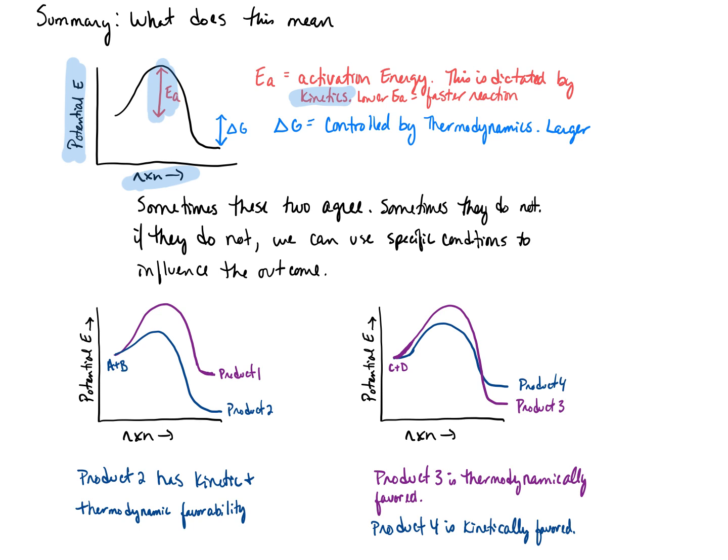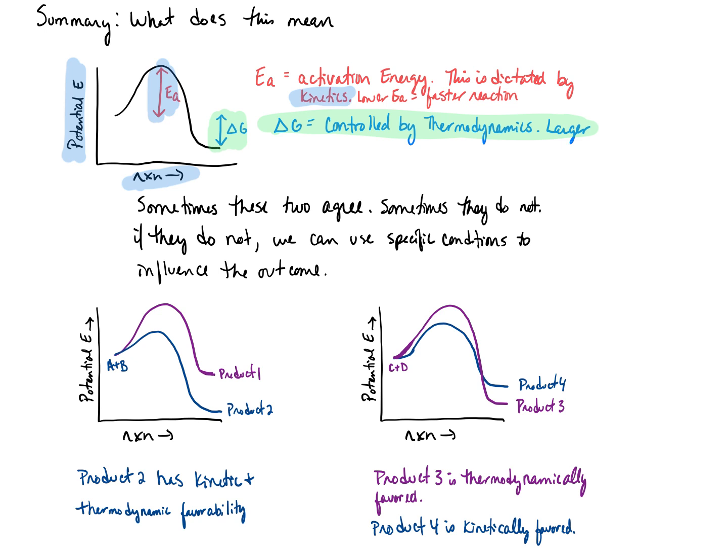Okay? On the other hand, if we have a delta G here, so this amount of energy that is released in that reaction, that means that this reaction would be controlled by thermodynamics. Well, in this case, there's thermodynamics and kinetics that are at play, because I'm just giving you one example here.